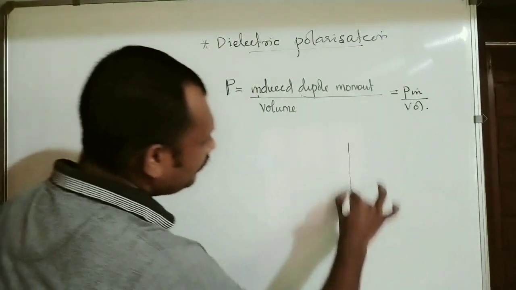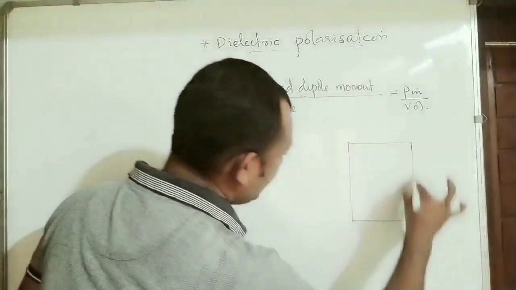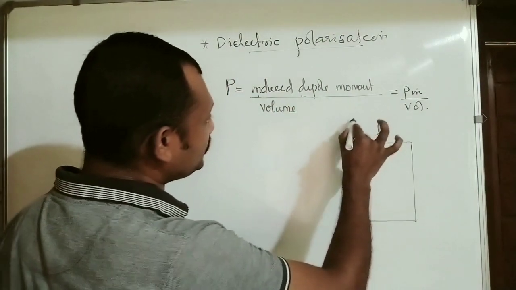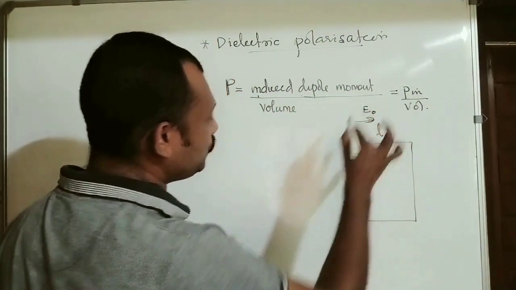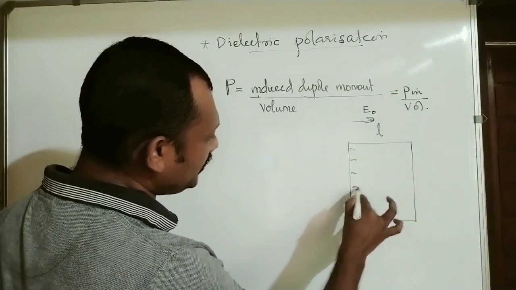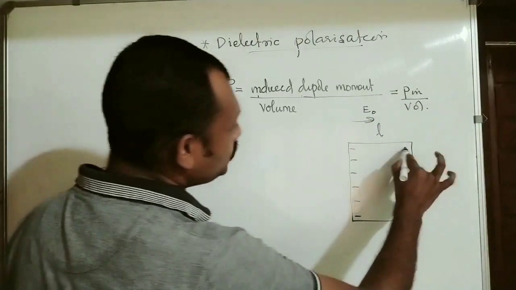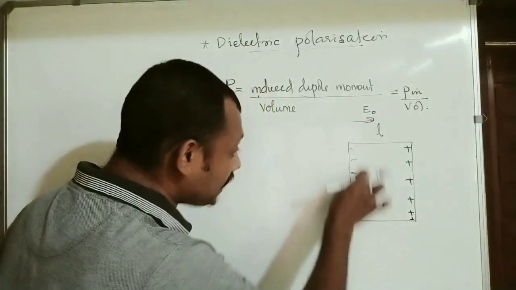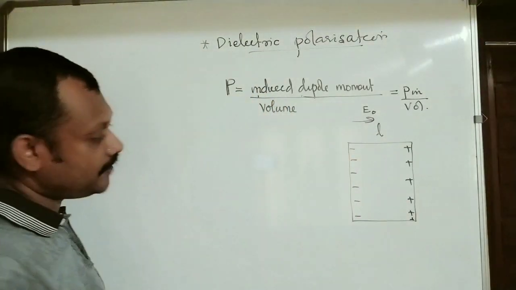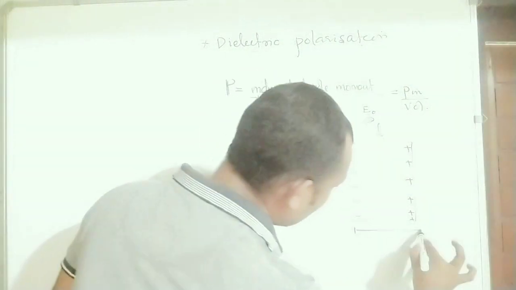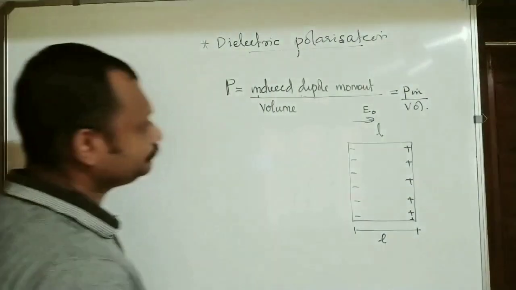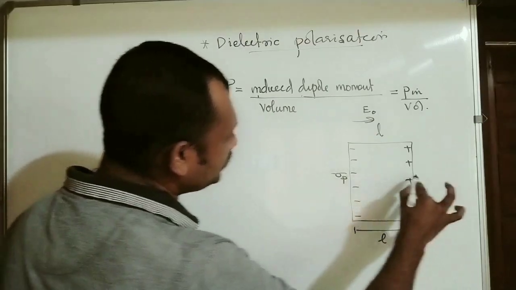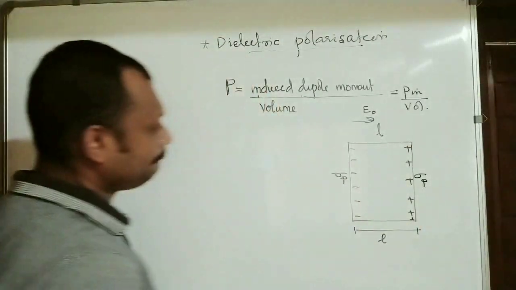Now consider a dielectric of length L. As I told you, when placed in an external electric field E0, negative charges will be induced on the near side and positive charges on the farthest side. That means the charges appear on the surface itself. Let me take the length of the dipole as L. The charge density here is minus sigma p, and here it is plus sigma p.